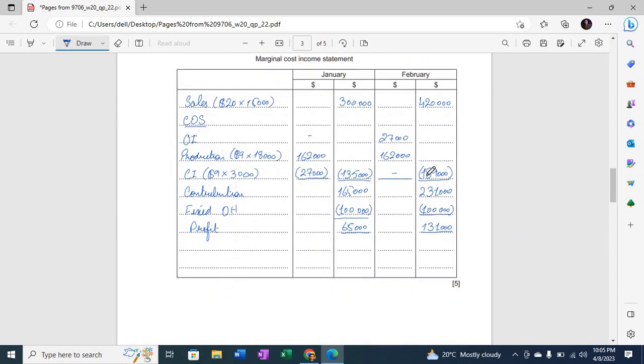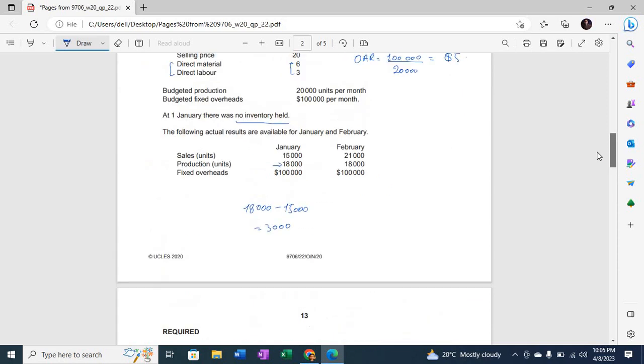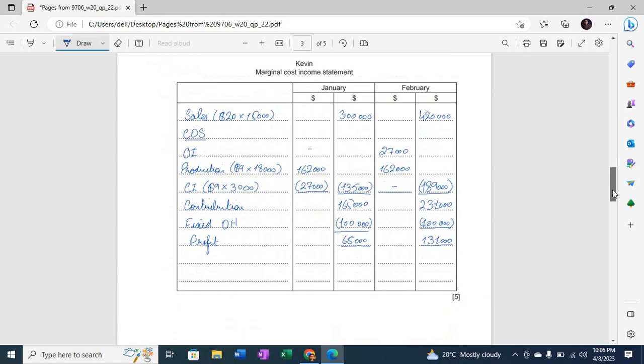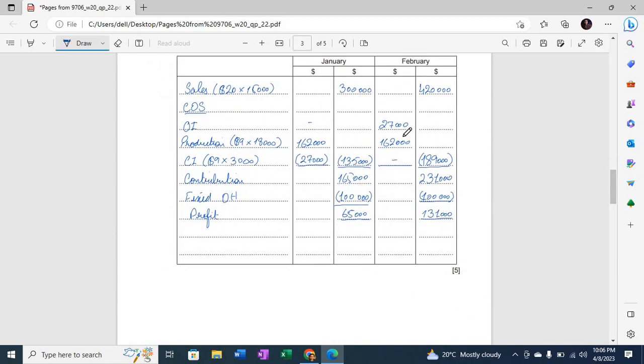There is no unit in the closing inventory because you had 3,000 units in opening inventory and produced 18,000 units, total 21,000 units, and you sold 21,000 in February. So the cost of sales will be 27 plus 162, $189,000.